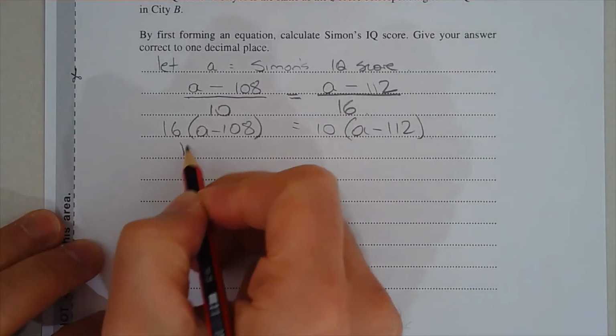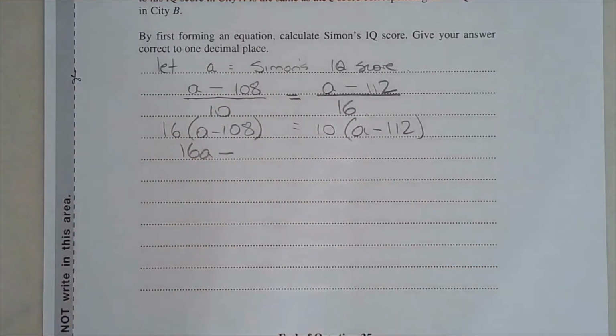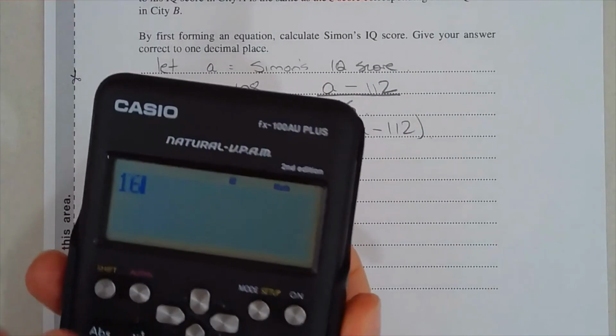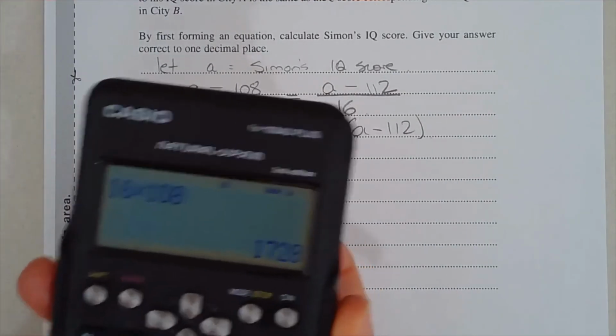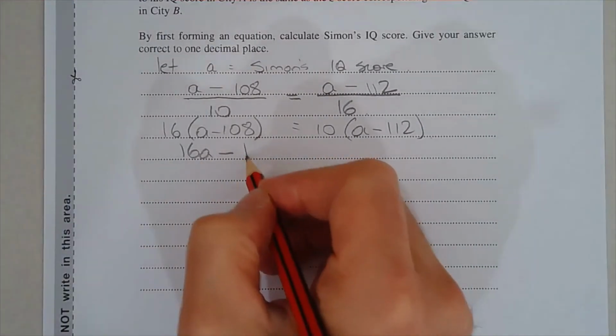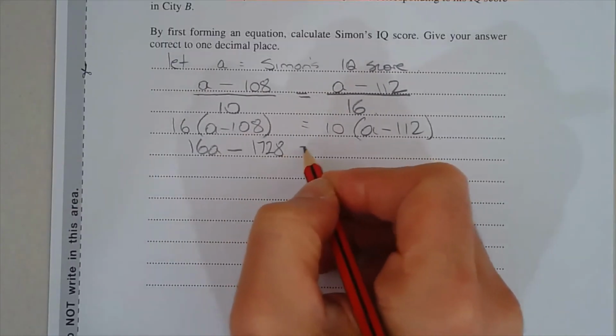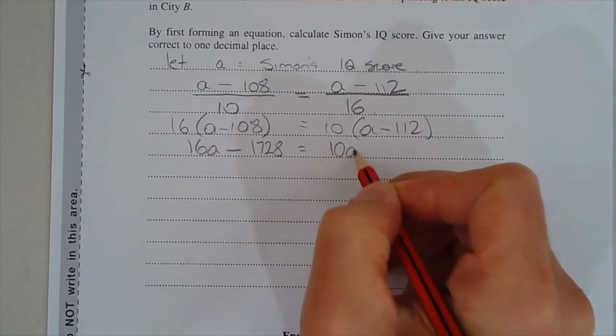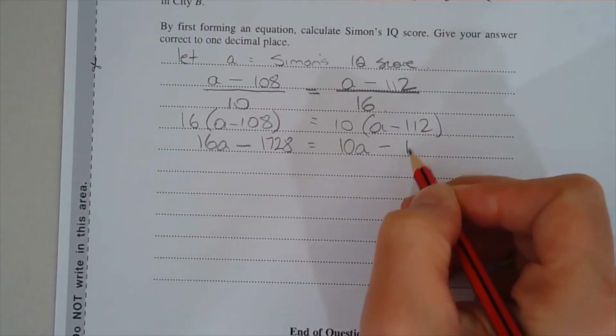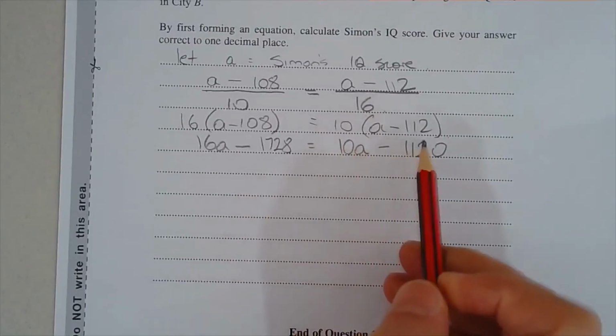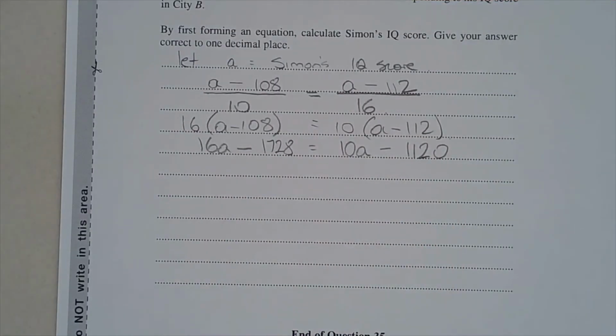Expand the brackets, so 16A minus, 16 times 108, that's 1728, is equal to 10A minus 1120, that's 10 times 112.